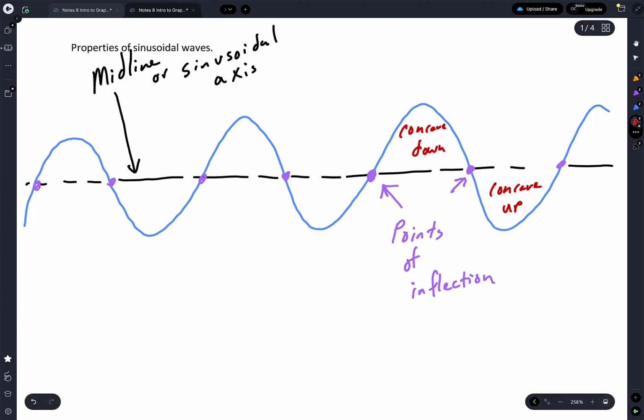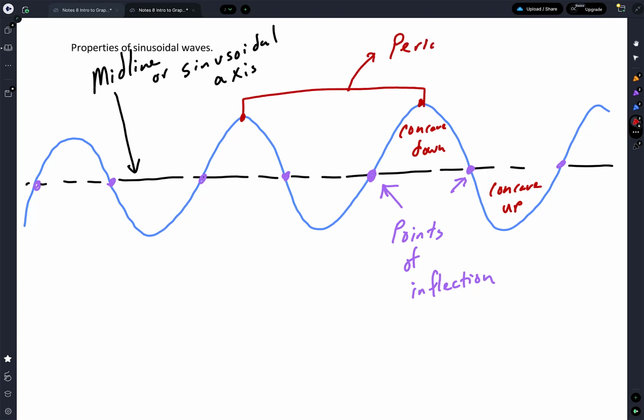A period or a whole cycle, peak to peak, it does not have to be peak to peak. This is a period. We could also say one complete cycle.